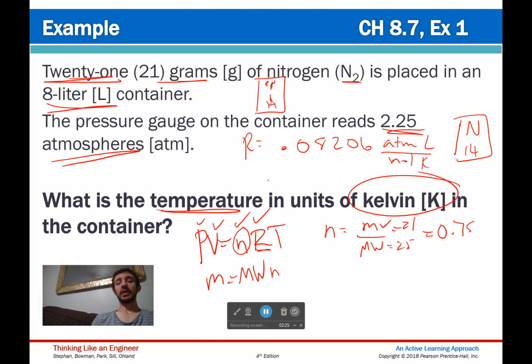Now I know everything I need for this problem, so I can go ahead and plug it in. We'll solve for temperature. Temperature will be equal to pressure times volume over the number of moles times the gas constant, which will equal 2.25 atmospheres. I'm leaving the units off right now just because I can't fit them in.